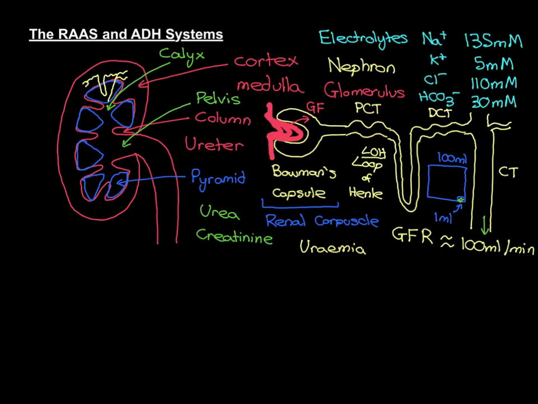We also want to make sure that we absolutely resorb all of the really useful molecules to the body, such as glucose, amino acids, and also take up proteins that have been filtered and break them down back into amino acids. So that is the overall big picture of what the kidneys actually do.